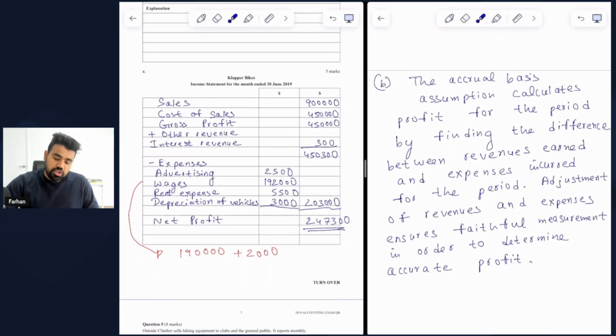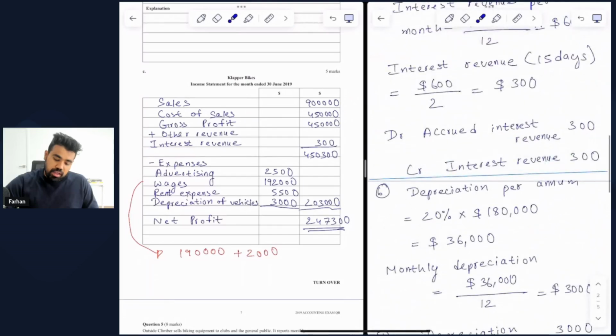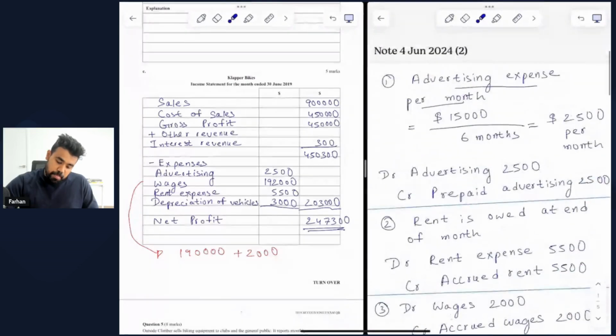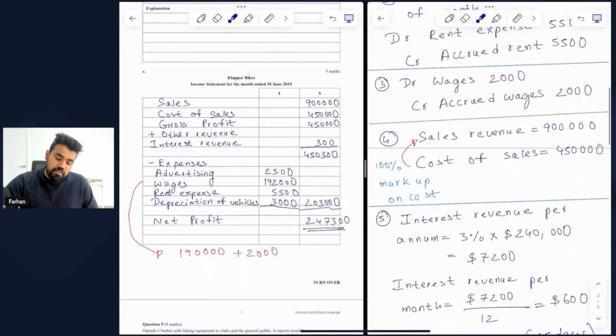We just had a discussion a while back regarding the markup, and that was in point number 4. Sales revenue was 900,000 and cost of goods sold was 450,000, which gives us a gross profit of 450,000.